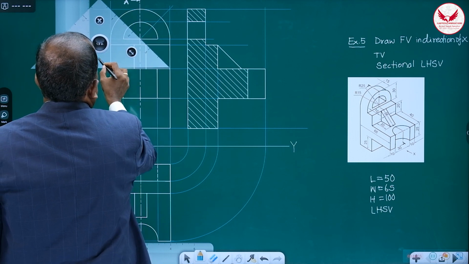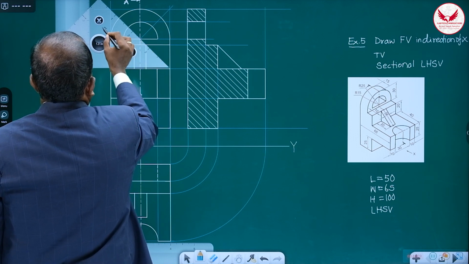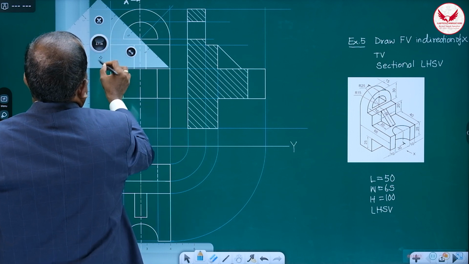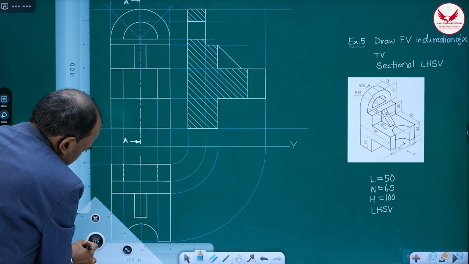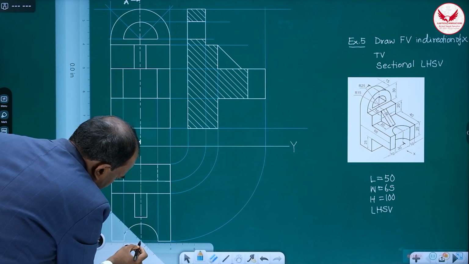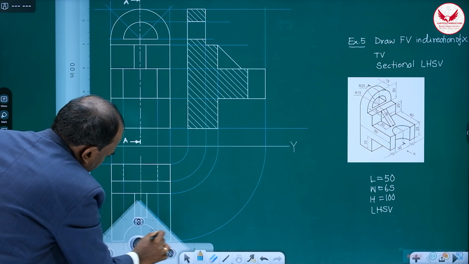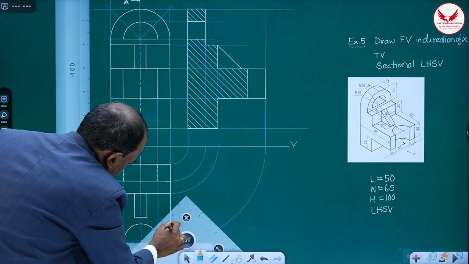Then again in this direction also, because two semicircles are there. And one more over here, or it is better to mark on this side like this.